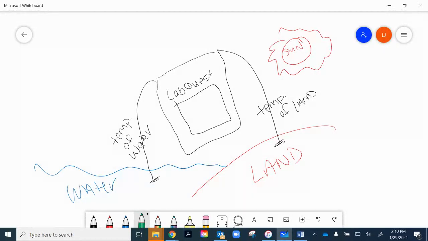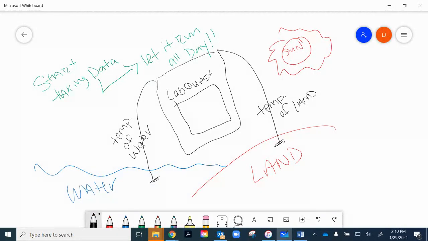So we're going to start taking data and let it run all day. We're going to see a big thing here in this lab: how does the temperature change in sand and water during the day?